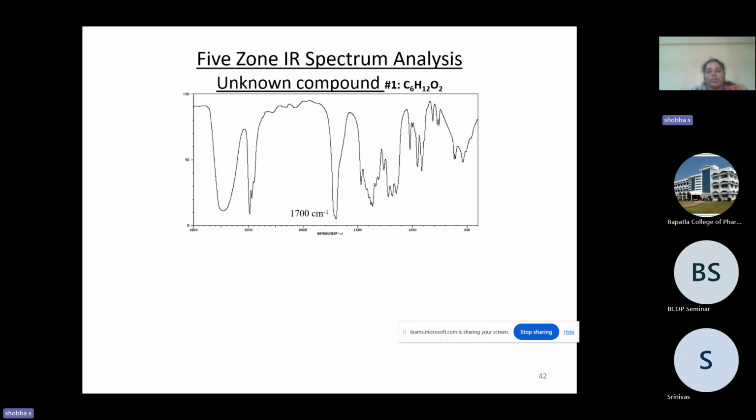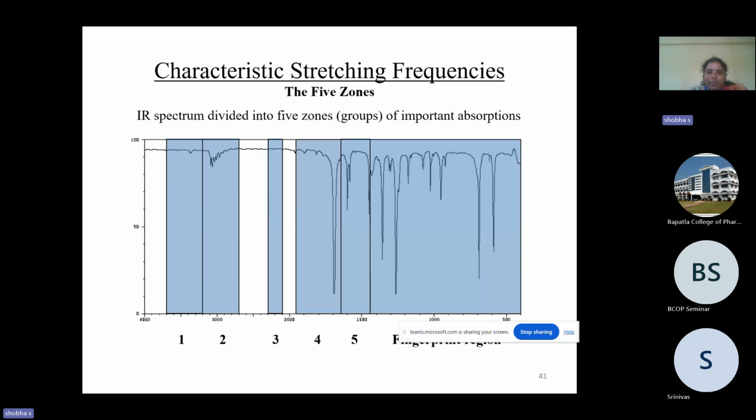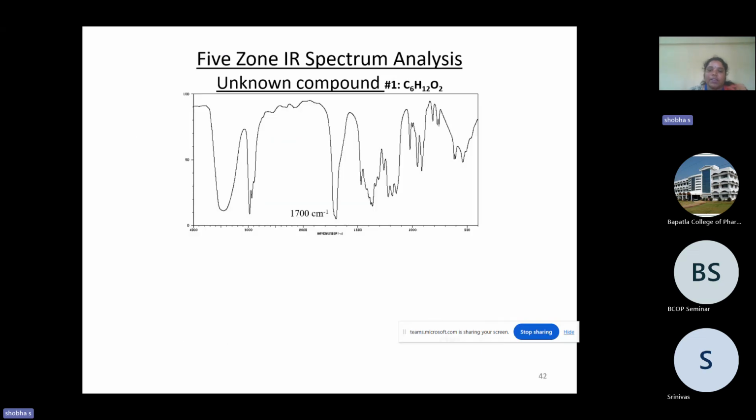So first thing what we have done, by seeing the structure, we are going to give the zone analysis. Here, the other pattern is where we are given the molecular formula. From that, we need to derive where the functional groups will come by using double bond equivalence.